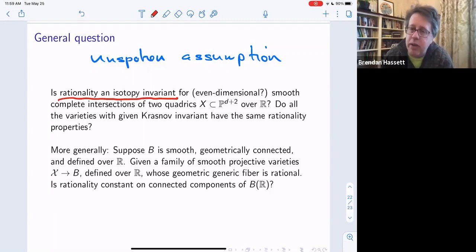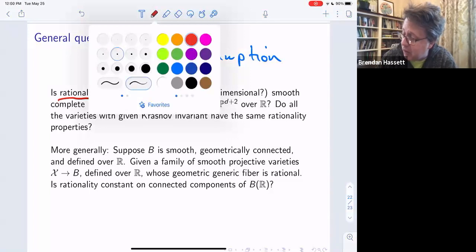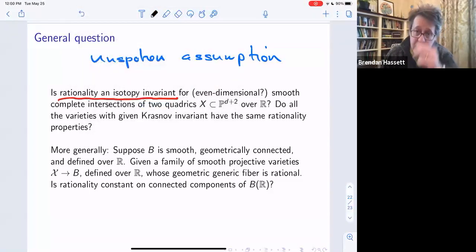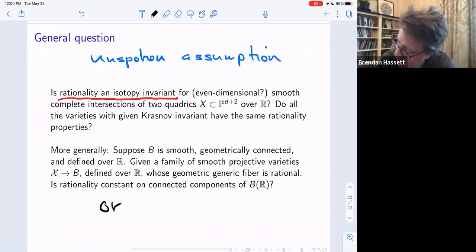In some sense, the philosophy underlying this talk is that looking at isotopy of the real points is a sensible tool for trying to understand rationality properties. But that assumption is not really very well supported, at least not at higher dimensions. I guess I should say, Janos, my apologies, this is okay for surfaces.